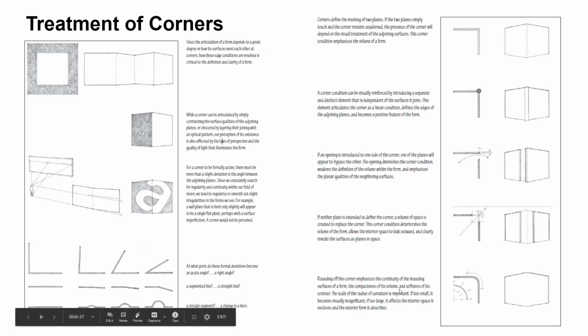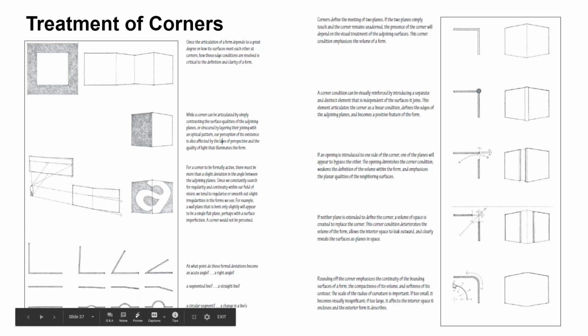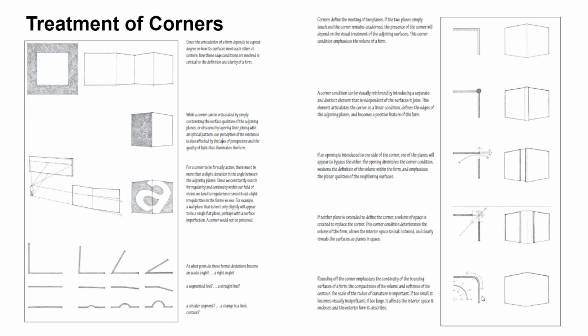Rounding off a corner emphasizes the continuity of bounding surfaces of a form, the compactness of its volume, and the softness of its contour. So this is, I think, prevalent when it comes to surfaces in which you want to avoid the sharp edges, or to emphasize the continuity of the line.